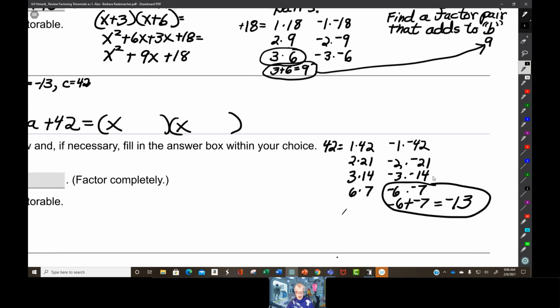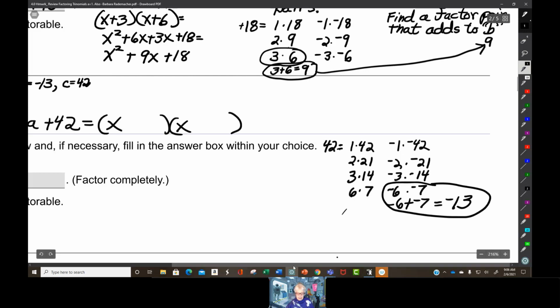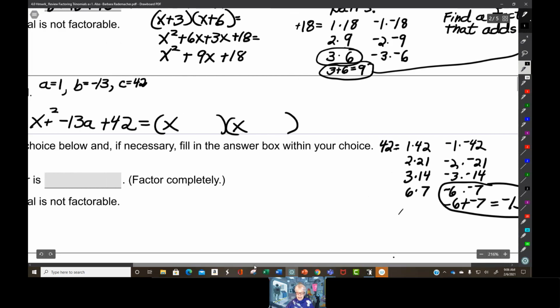So, I come back up here and I put a negative 6 in here and a negative 7 in here, and then I go ahead and check.